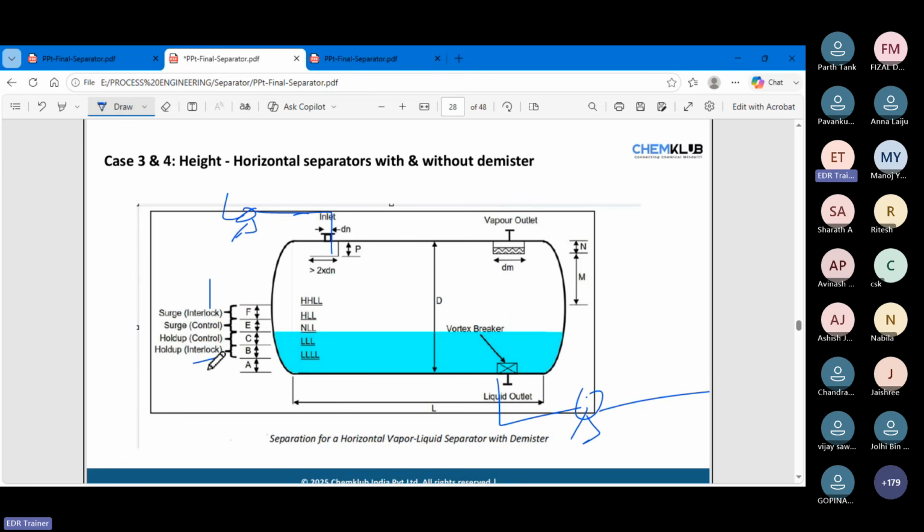So hold up interlock at the bottom and surge interlock for the top, so that you have to control the surge and hold up. That will be your working zone, HLL to NLL. Rest both are your tripping zone or interlock zone. And this is the disengagement space for vapor to travel in the horizontal way over the liquid.